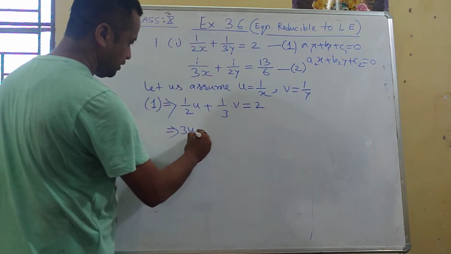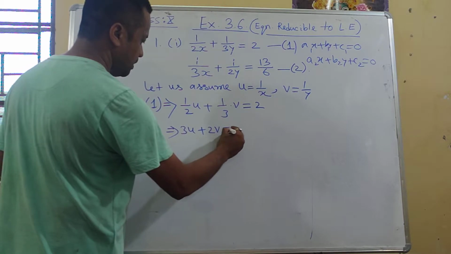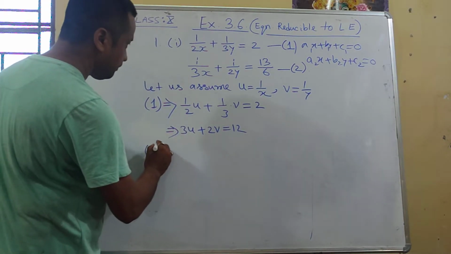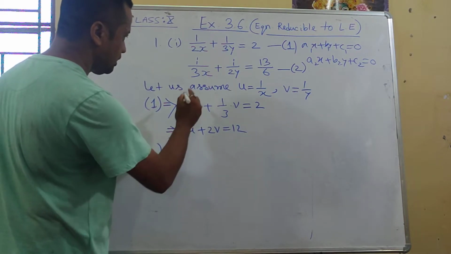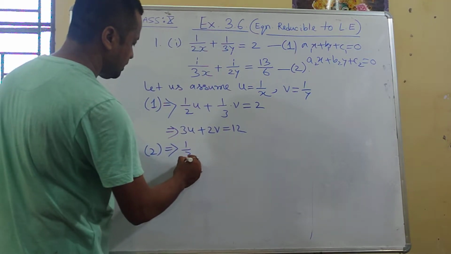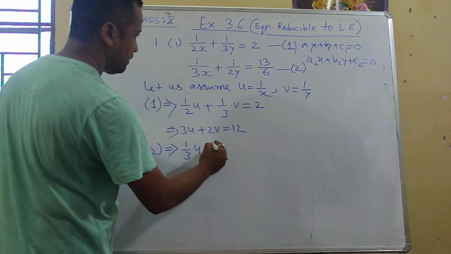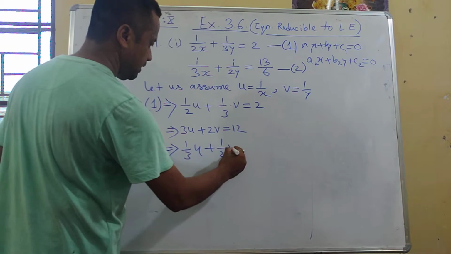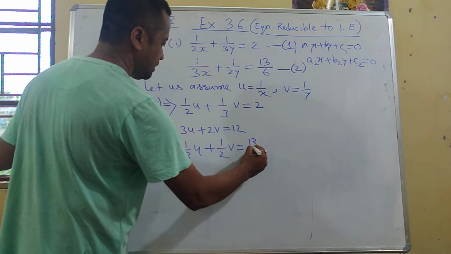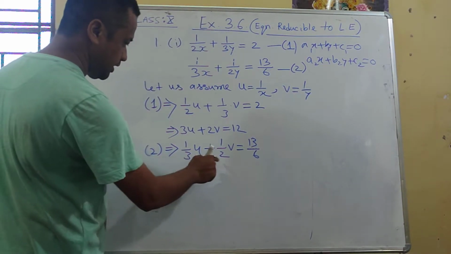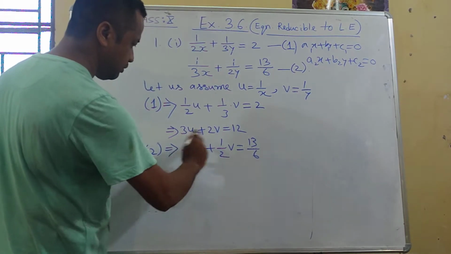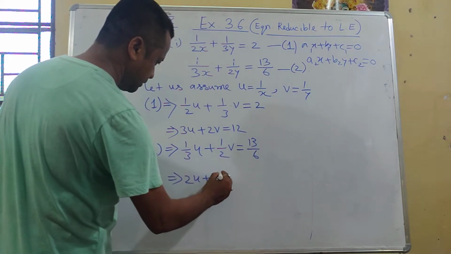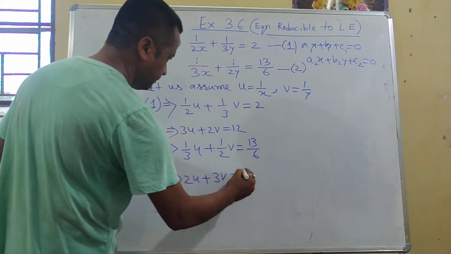This becomes 3u plus 2v is equal to 12. Equation 2 becomes 1 by 3 u plus 1 by 2 v is equal to 13 by 6. Now LCM of 3 and 2 is 6, so multiply both sides by 6. This becomes 2u plus 3v is equal to 13.